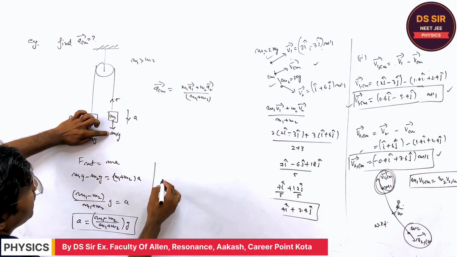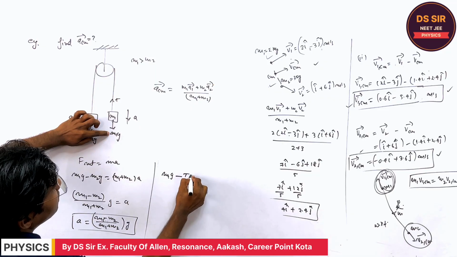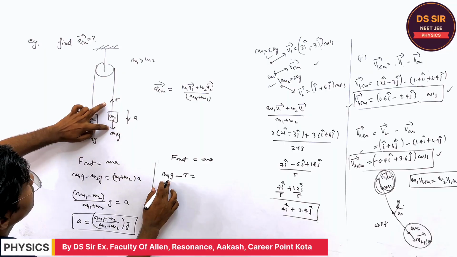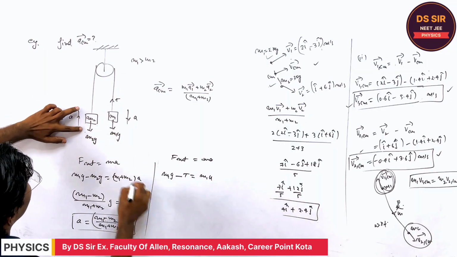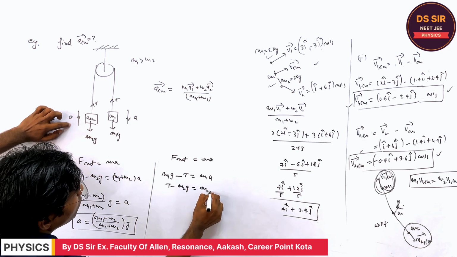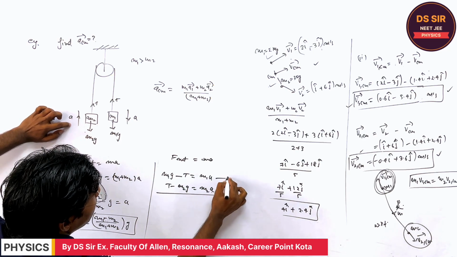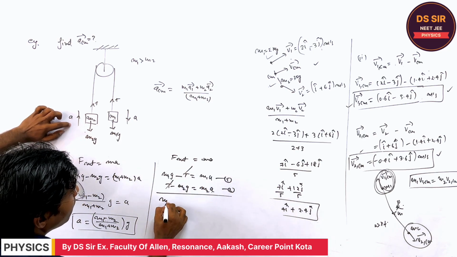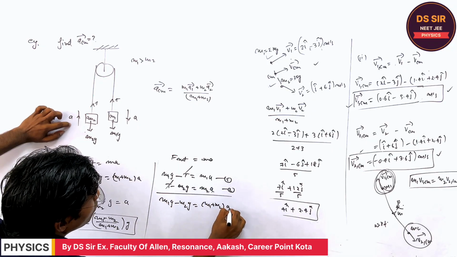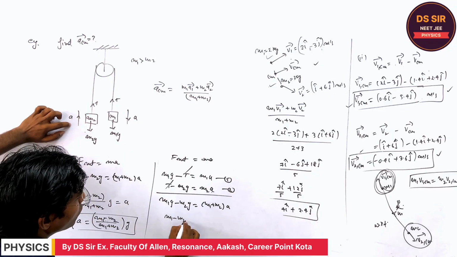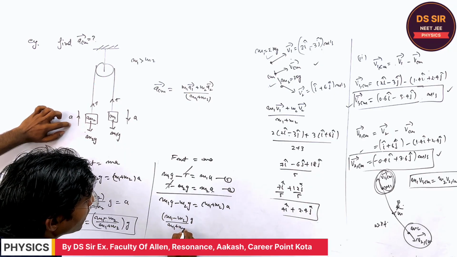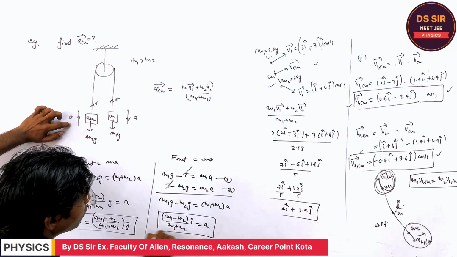Suppose this is the T: M1G minus T, net force is equal to MA, right? So M1G minus T is equal to M1A, and for this case, T minus M2G is equal to M2 into A. When you add equation number 1 and 2, M1G minus M2G is equal to M1 plus M2 into A. So M1 minus M2 into G divided by M1 plus M2 is A. So this is the acceleration of each block.